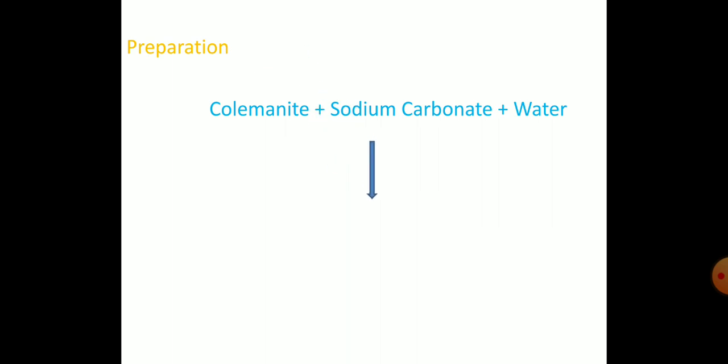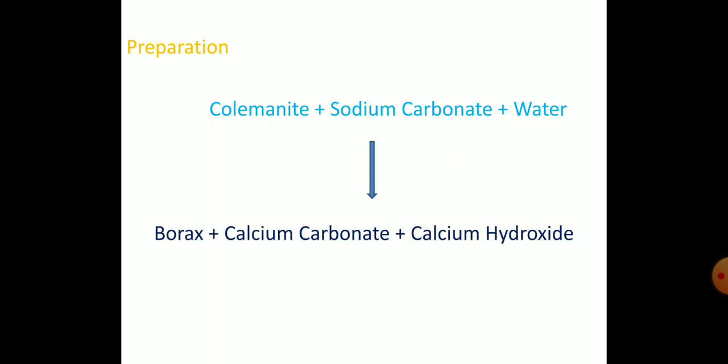How we can prepare borax. It can be prepared from colemanite. It is an ore. When colemanite is boiled with the aqueous solution of sodium carbonate, then all these chemicals react together and result in the formation of borax, calcium carbonate and calcium hydroxide.